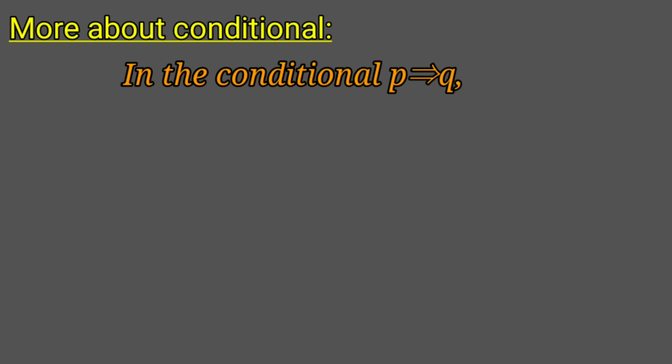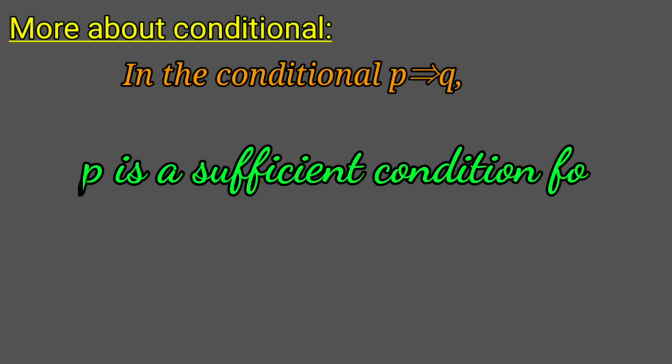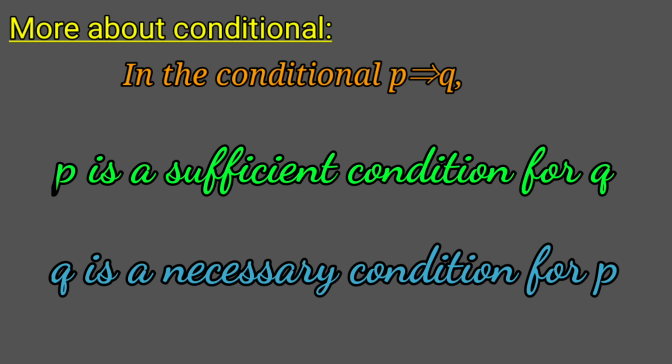Students, let us know more about the conditional statement. In the conditional statement P implies Q, we say that P is sufficient condition for Q and Q is necessary condition for P. Now let us try to understand why P and Q are called sufficient and necessary conditions.